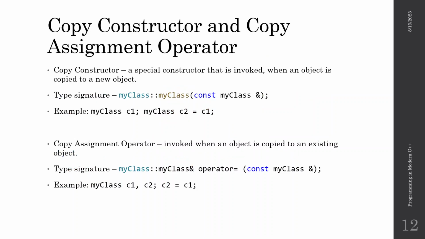Now I come to the copy constructor and the copy assignment operator. A copy constructor is a special constructor that is invoked when an object is copied to a new object.